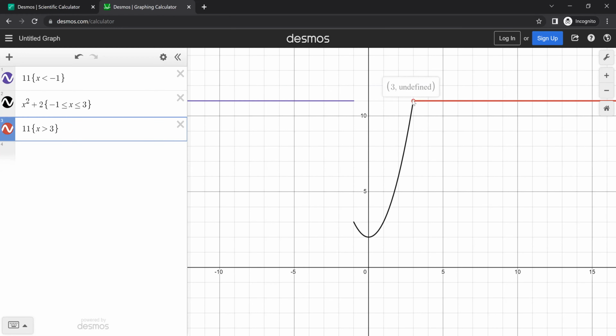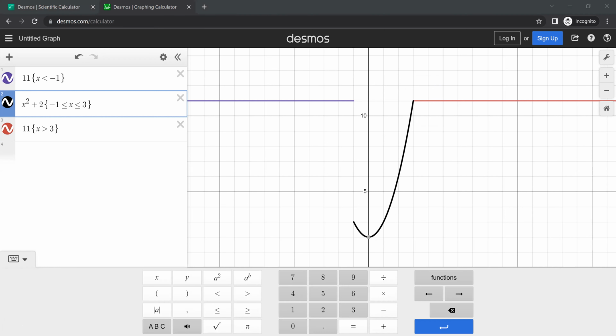I know it says undefined here, but that's because I'm looking at it from the red's perspective, from this third one's, not from the black. The black line covers up the place where they come together. It takes precedence. So part B is just x equals -1.